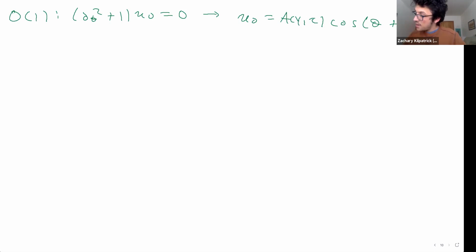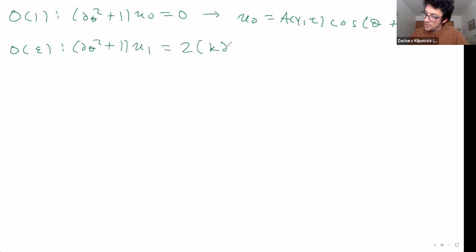So now I have A and I have phi, which I don't know. And those will be involved in future amplitude and phase shift equations. Now, the heterogeneity comes in at order epsilon.